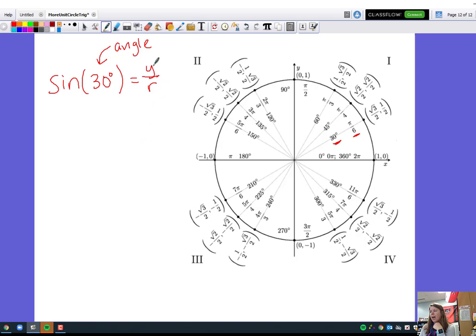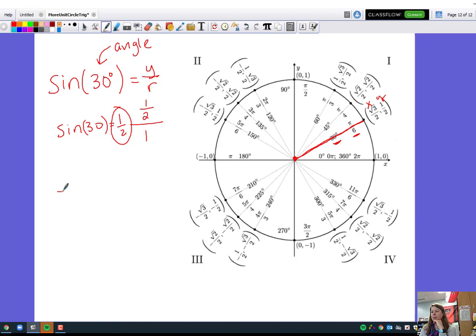The y value at this angle measure, this is x, this is y, is 1/2. So we have 1/2 divided by my radius. My radius for the entire circle, the distance from the center to the outside, is 1. When I divide by 1, it doesn't change anything. So sine of 30 is going to equal 1/2. Final answer.